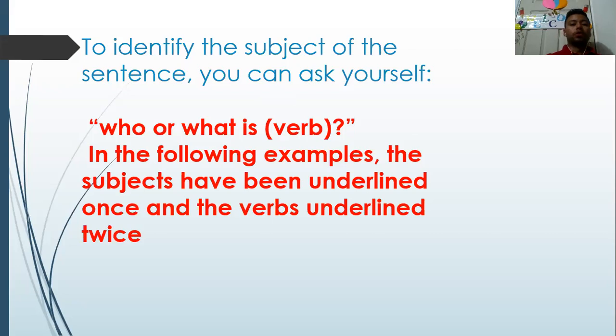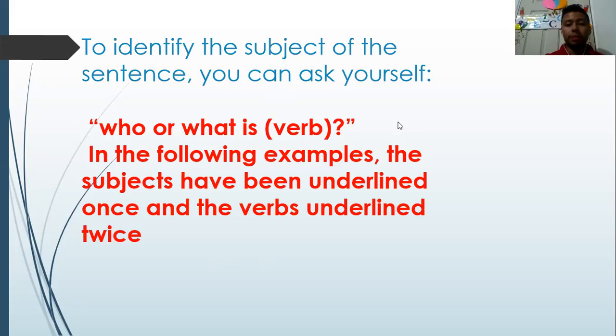Good. So to identify the subject of a sentence, we need to ask ourselves who or what. We are going to use these WH questions. Who is the person, or what is the action? In that case, it's asking the verb.